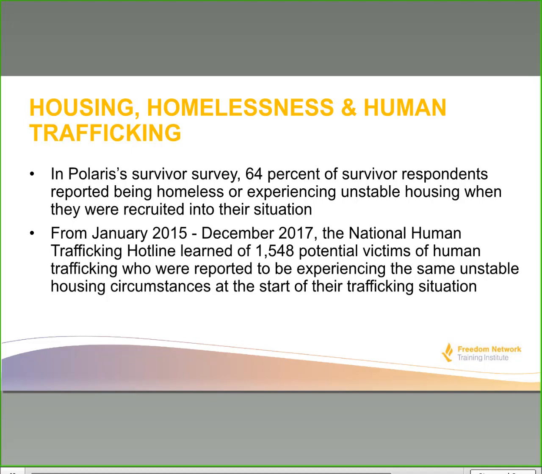They're still vulnerable because of those personal and social vulnerabilities, and it also doesn't capture those who are still affected by adverse childhood experiences, or those who were recruited at the shelter itself or a group home. So next slide.